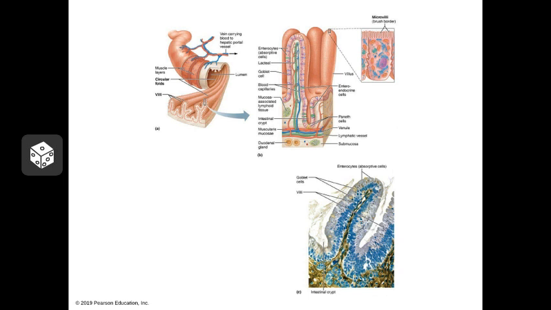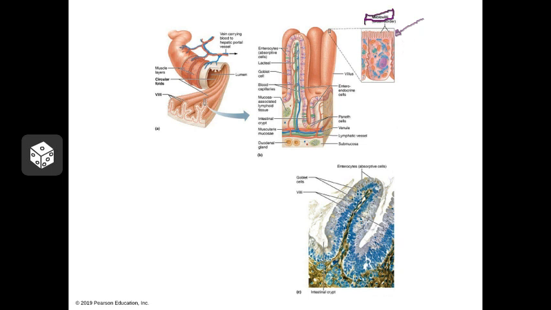Of course, it is covered with epithelium, but this epithelium is really, really cool. Now, the epithelium is made of simple columnar epithelium, but it has a modified surface on the apical surface of the cell that we call microvilli.